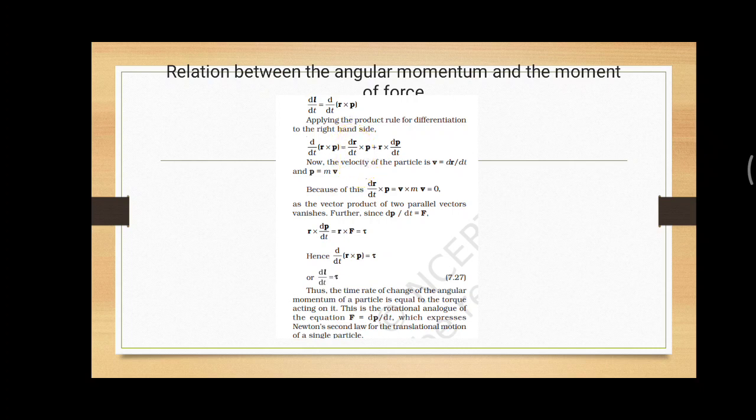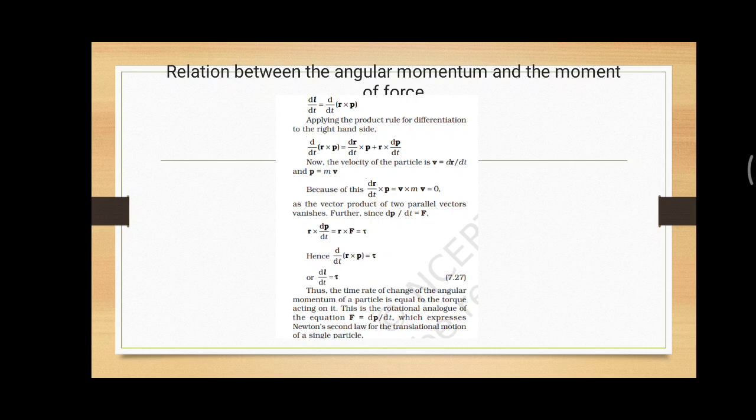The remaining is r cross dp by dt. Where dp by dt you have already studied, that is dp by dt is equal to f. So r cross f, it is actually the torque value tau. So d by dt of r cross p is equal to tau.